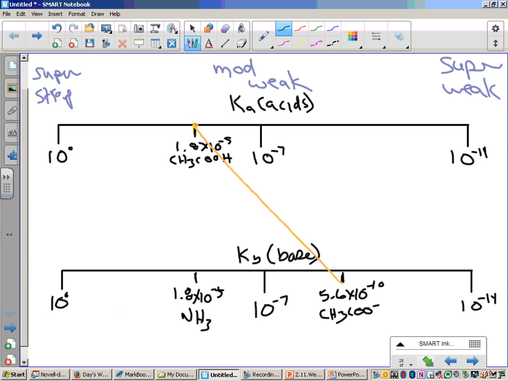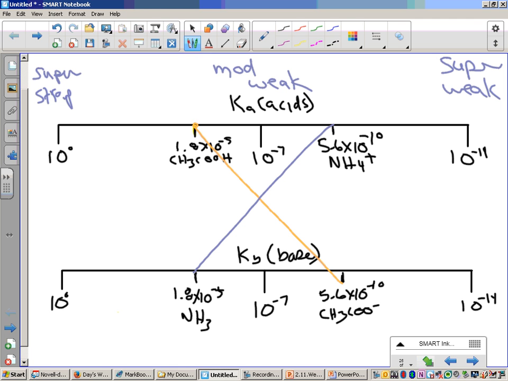If we then take a look at the Ka of its conjugate acid, because it's the same value, I'm going to have the same on the other side because of that relationship: 5.6 times 10 to the negative 10. And again, that's for NH4 plus. Just to visually represent it, we cut across the middle, and our moderately weak base, which is a little bit on the stronger side, becomes an even weaker acid. But still, it's a moderately weak acid that has acidic ability. Okay?